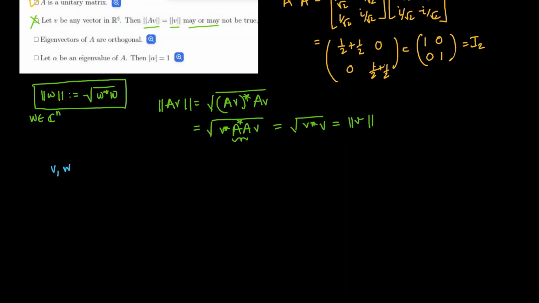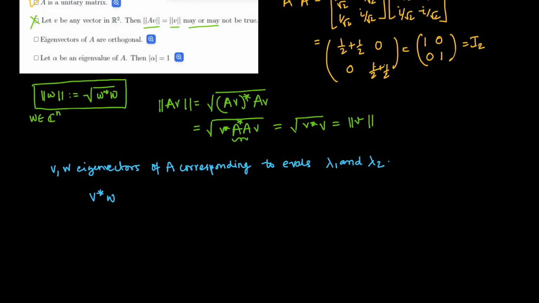But let's see, if W and V are eigenvectors of A corresponding to eigenvalues, say lambda 1 and lambda 2, then what can you say about V star W?